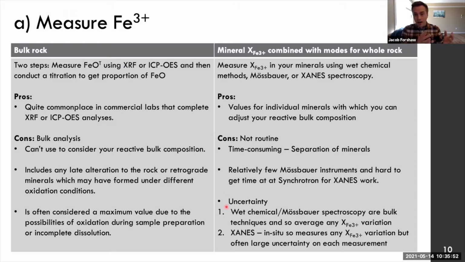Either you're doing wet chemical and Mössbauer spectroscopy, where you take your separates and you combine them all together and you get an average value, or you do XANES where you're in situ, but the precision of the result isn't quite as good perhaps, and you get a large uncertainty on each measurement, even though you're measuring in situ. So these two techniques are great, but perhaps measuring in minerals isn't something we're all going to be able to do.